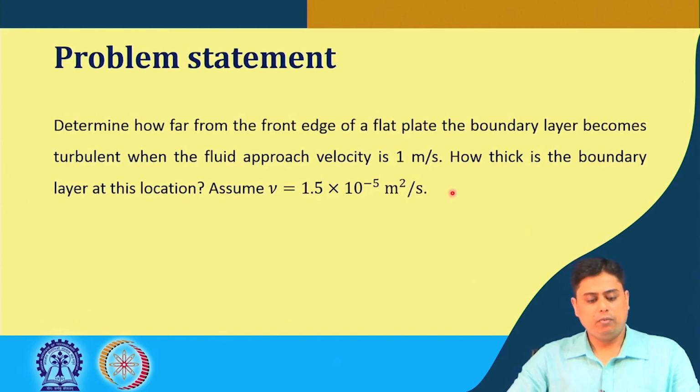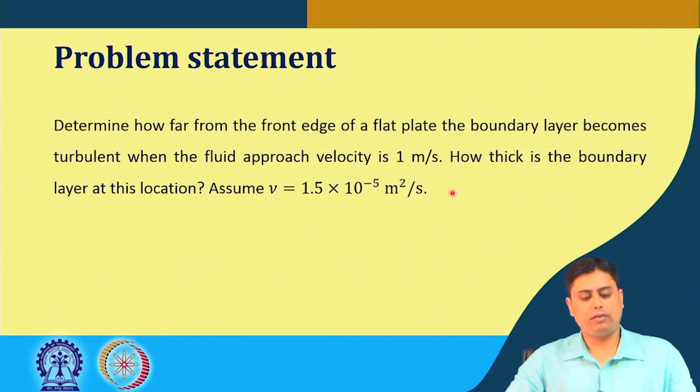The second problem says: determine how far from the front edge of a flat plate the boundary layer becomes turbulent when the fluid approach velocity is 1 meter per second. This is the first part. The second part is: how thick is the boundary layer at this location, that is, the location where the boundary layer becomes turbulent, or the onset of turbulence occurs?